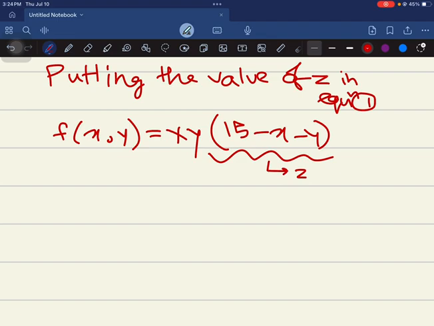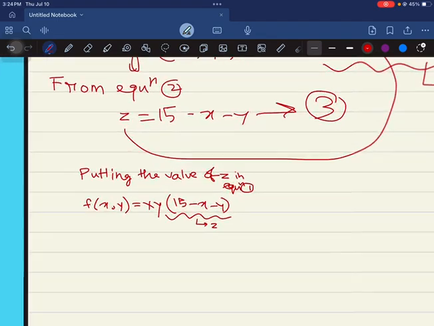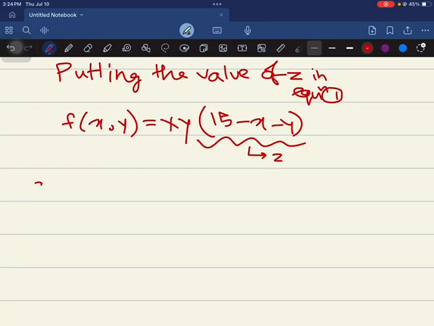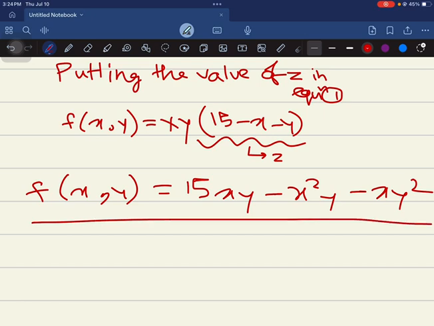So now we will differentiate this function. I will write it once again. f(x, y) is equal to 15xy minus x square y minus x y square. We will differentiate this function with partial differentiation with respect to x, and partial differentiation with respect to y.